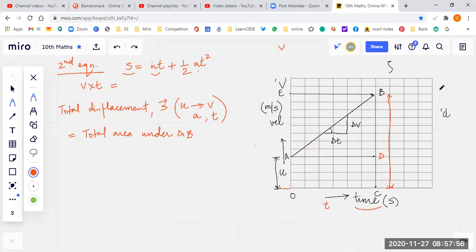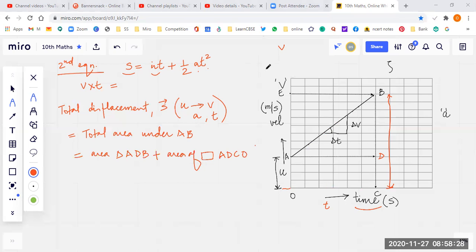So this is equal to area of triangle ADB plus area of rectangle ADCO. Yes, students, am I right or wrong? Okay, very good.